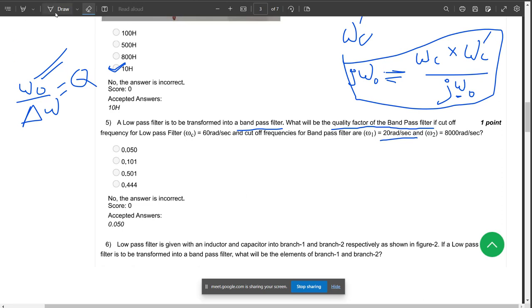Yes, the formula: j into omega by omega c is replaced with Q into (j omega by omega naught plus omega naught by j omega).